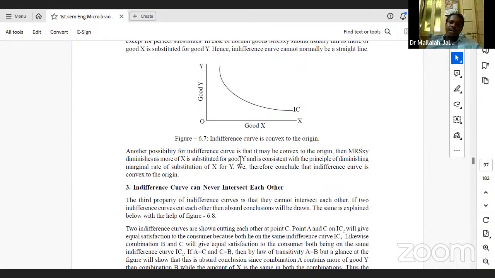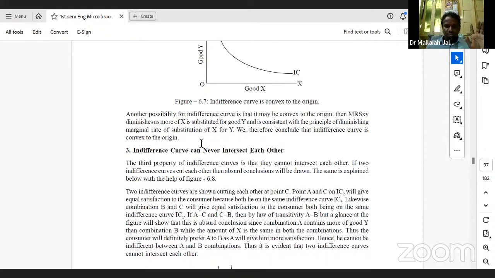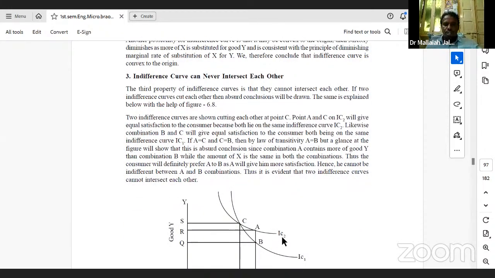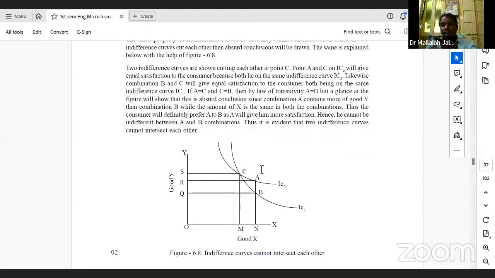And another important property is that indifference curves can never intersect each other. Intersect means touching. They cannot touch each other. See these two diagrams. Why do these two not intersect each other? There is a reason.